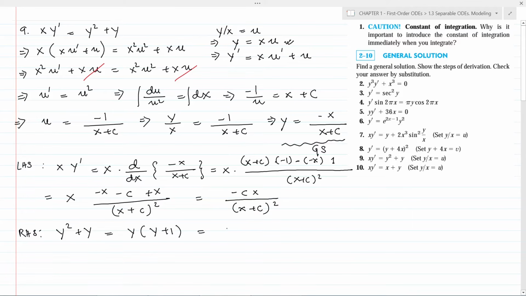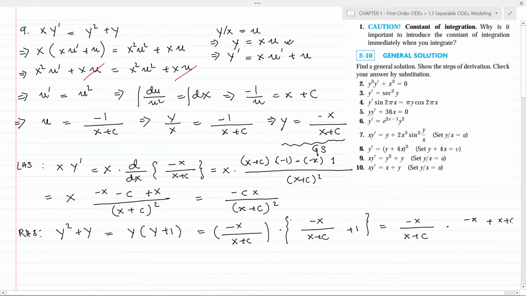This is equal to minus x divided by x plus c, that is the value of y, multiplied by the value of y, which is minus x divided by x plus c, plus 1, which is equal to minus x divided by x plus c multiplied by minus x plus c divided by x plus c.